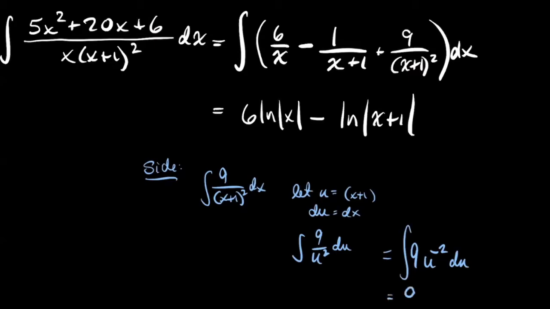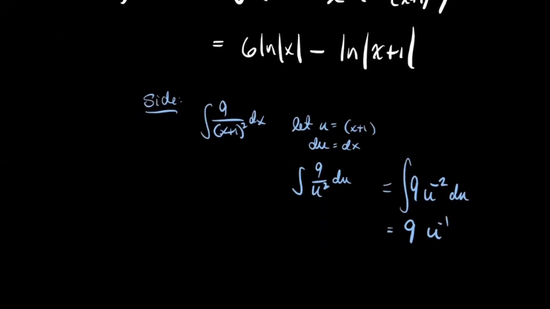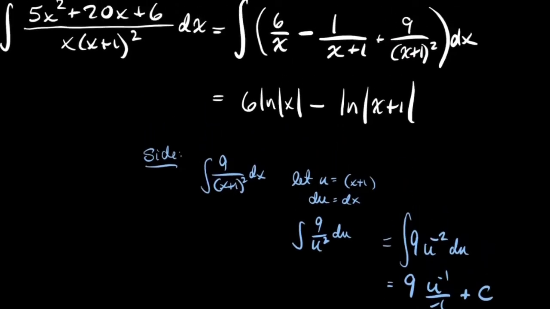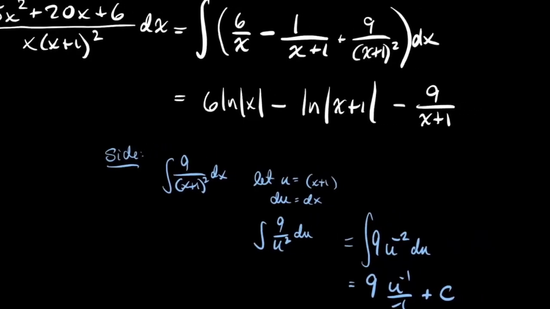So if we integrate, we get u to the negative 1 divided by negative 1. We know plus c, so that would just become negative 9 over whatever u is, which is x plus 1. So let's put that in there. Negative 9 over x plus 1. And then we have plus a constant.